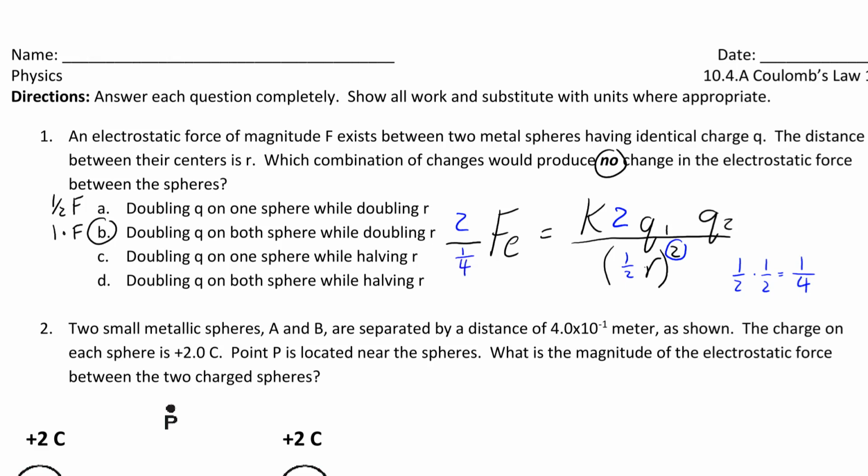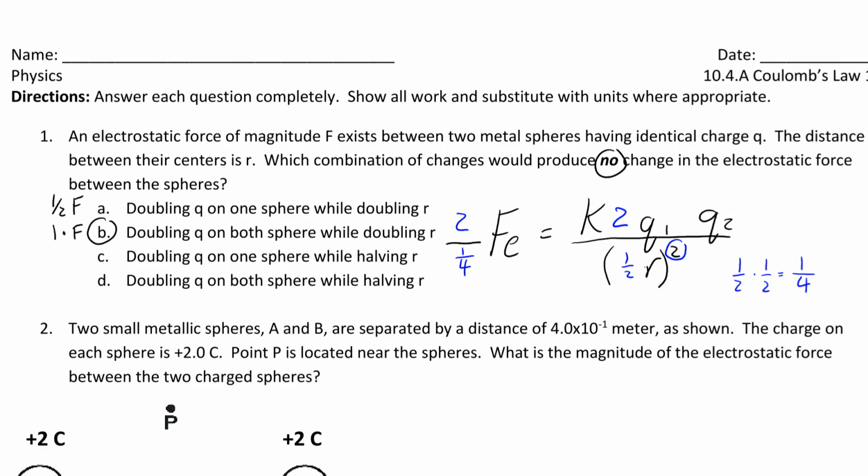These types of questions could be a lot of fraction type stuff. You have to know how to square a fraction. But now we have a fraction in the denominator. It's an improper fraction, so let's make it a proper fraction.